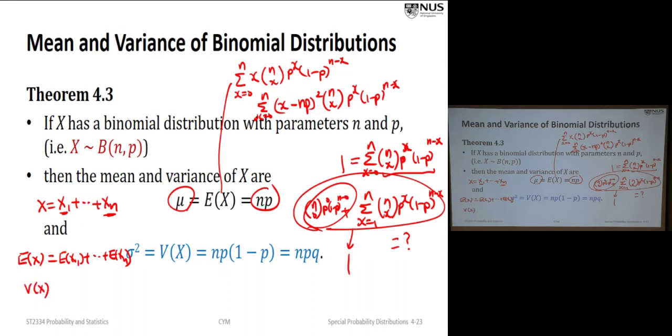So the variance of x, does it equal to this one? We go and flip the notes, let's see whether it's mentioned there. Obviously it's not true in general.